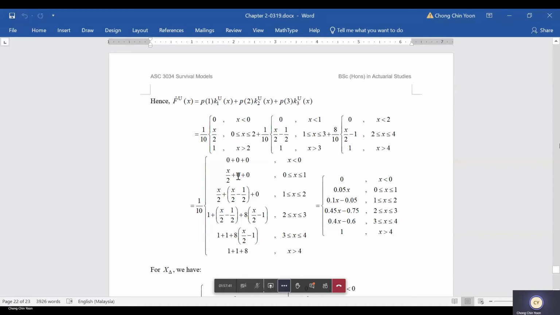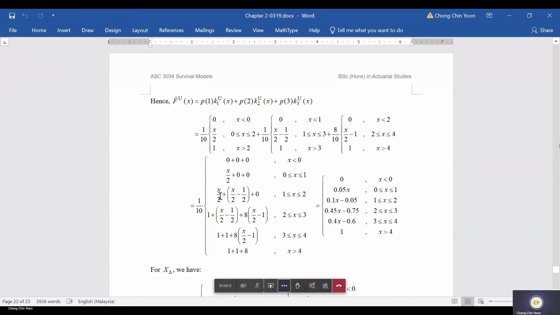For the third piecewise function here, in this interval 0 to 1 it is still 0. Therefore the second piece is x over 2 plus 0 plus 0. So let me go to the third piece, 1 to 2. When it is from 1 to 2, it is still the second piece, that is x over 2.